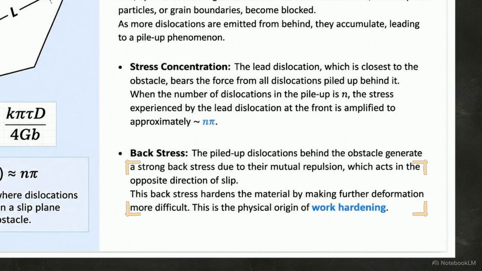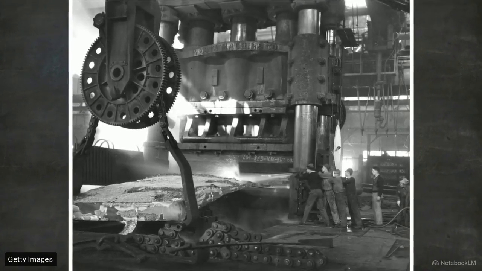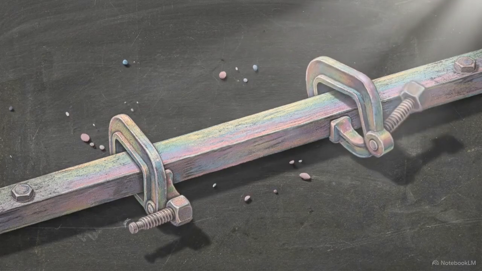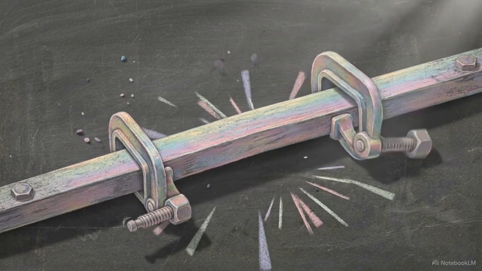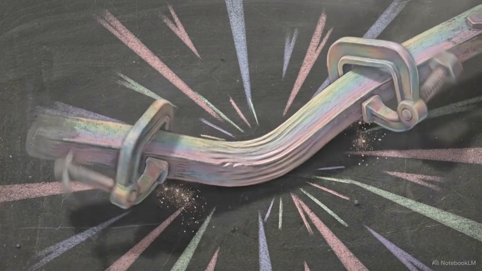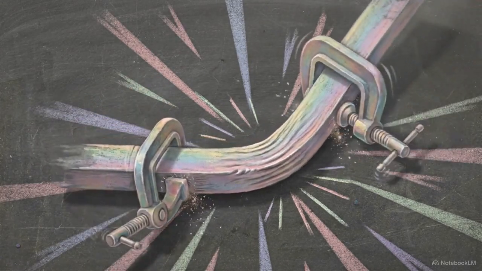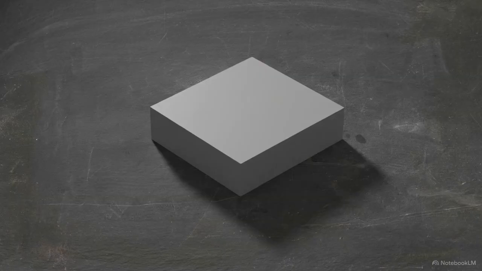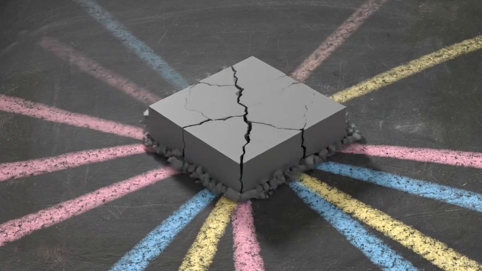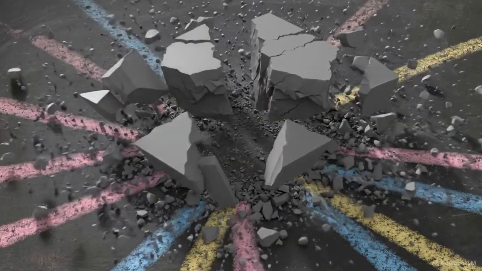This is called backstress. This backstress is the precise physical origin of work hardening. The material becomes physically harder to bend purely because its own generated defects are gridlocked and actively repelling new deformation. If the amplified pressure isn't relieved, the local stress exceeds the interatomic bond strength, initiating a microcrack that destroys the material entirely.